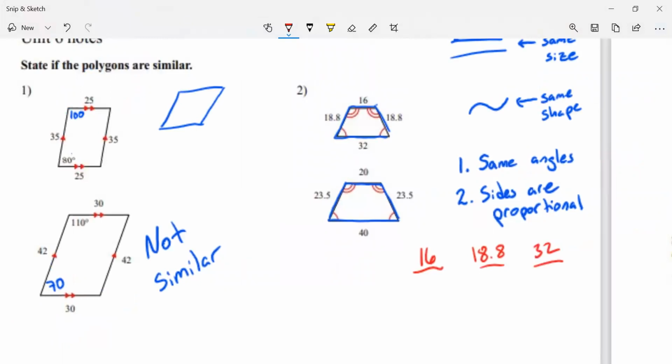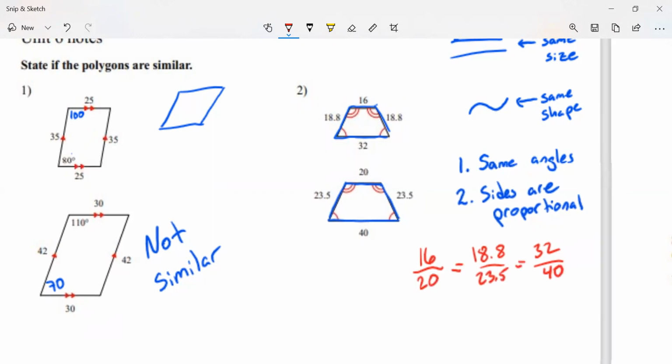I'm looking at the different numbers that I see. Notice I wrote them from small to large. Now, on the other figure, my numbers, again from small to large, are going to be 20, 23.5, and 40.